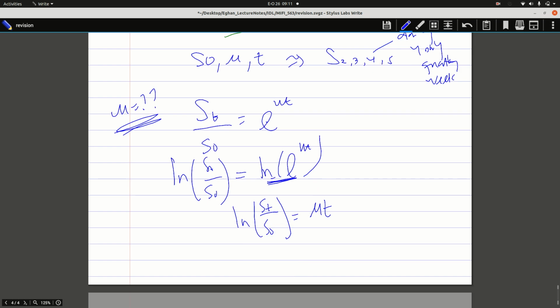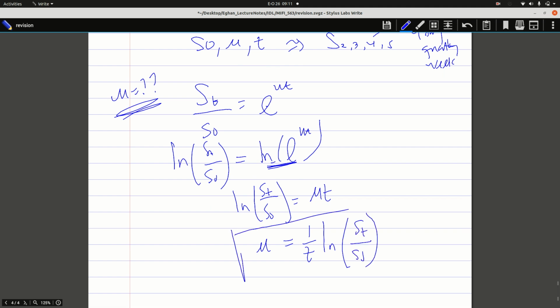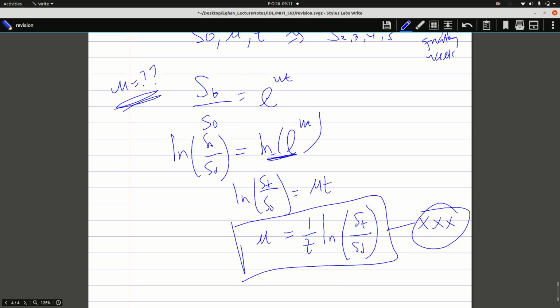And so we'll have mu is equal to 1 on t ln S(t) over S naught. This is something you can also keep in your pocket, given that it is not originally given in the problem, but you can find it using this solution.